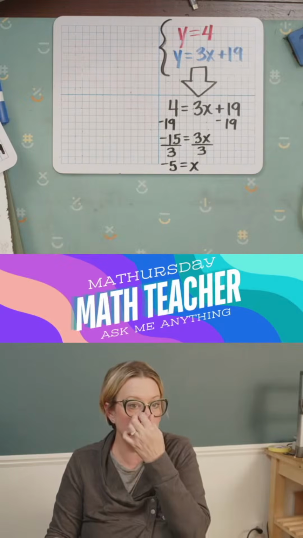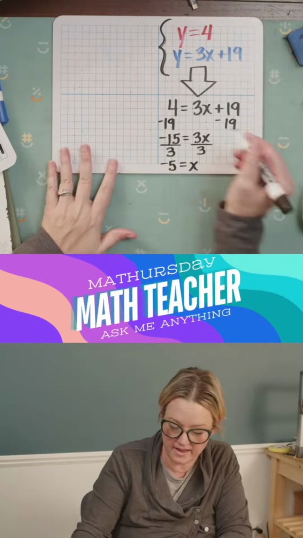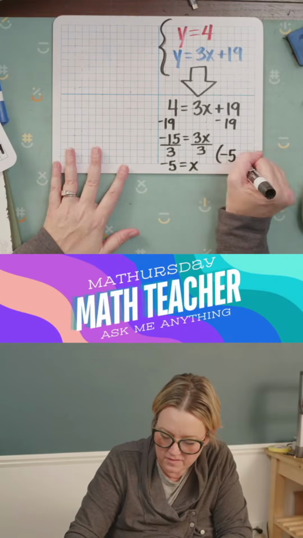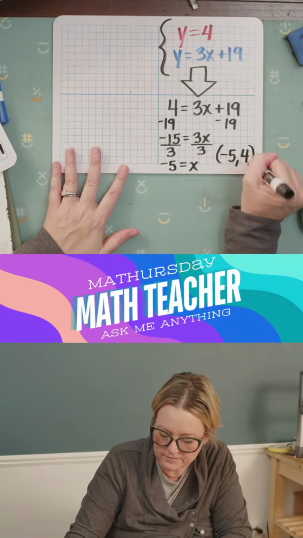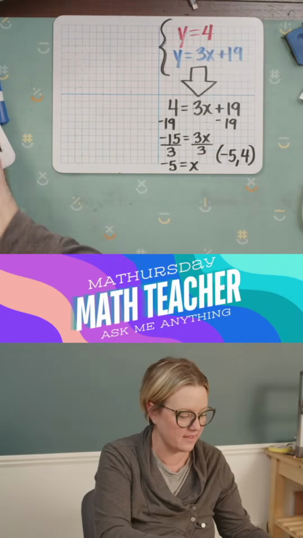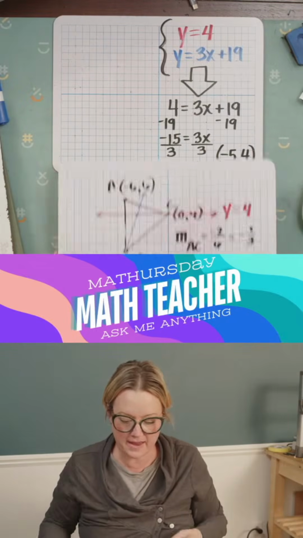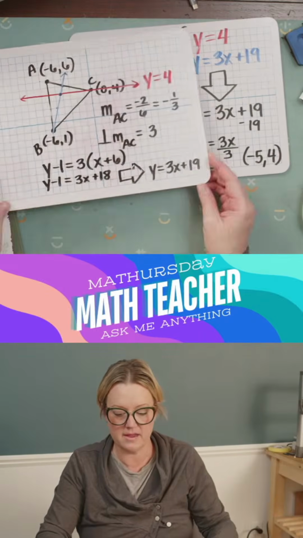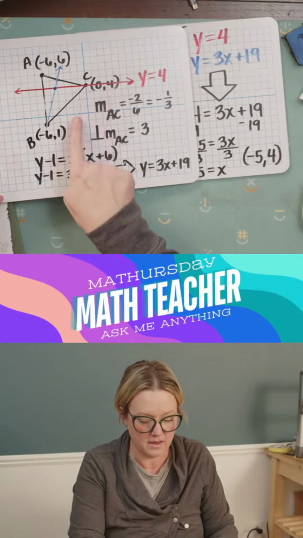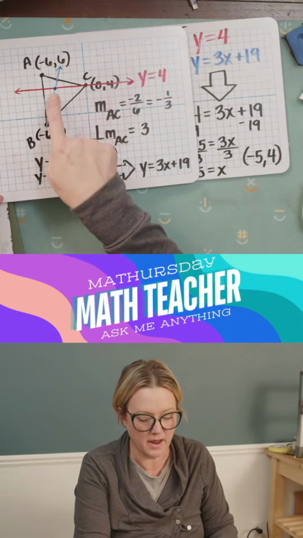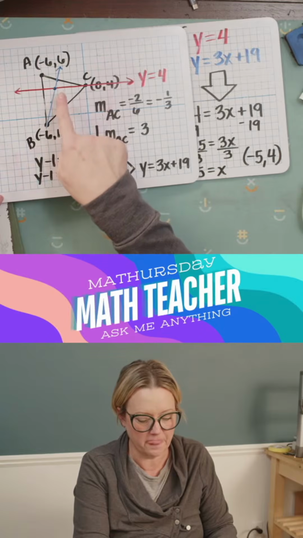Okay, so my coordinates are -5 and positive 4. This was probably just the way that I drew this with the thick markers that it wasn't exactly at the points. But when I look back at my graph, -5 and 4. Okay, it's a little bit off, but that's okay.